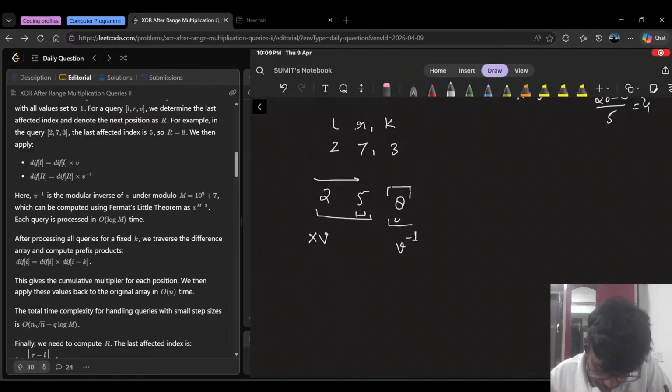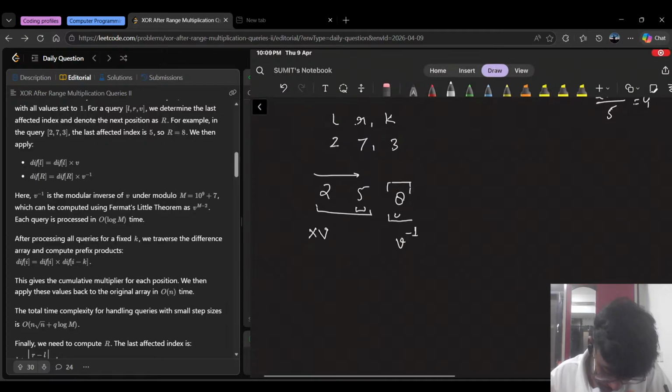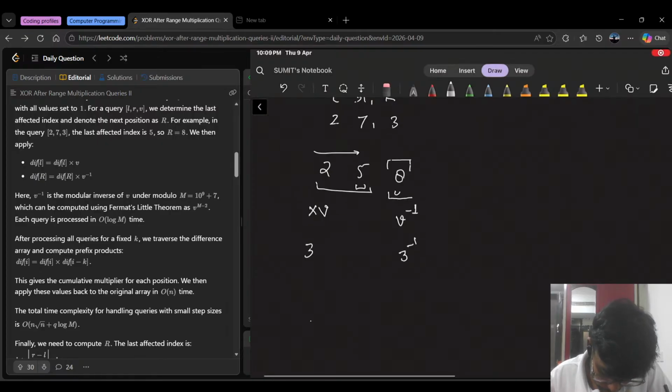I got it. If I'm multiplying here with 3, and then multiplying with 3 inverse, then here I will be multiplying with 3, 6, 15, and the inverse will cancel, so it will be just 8.